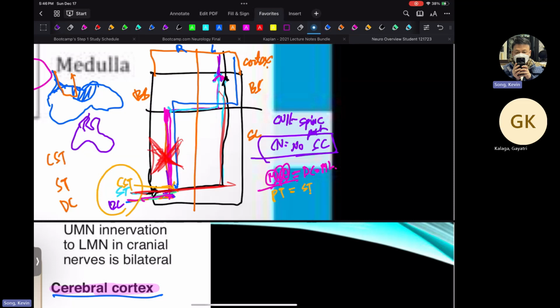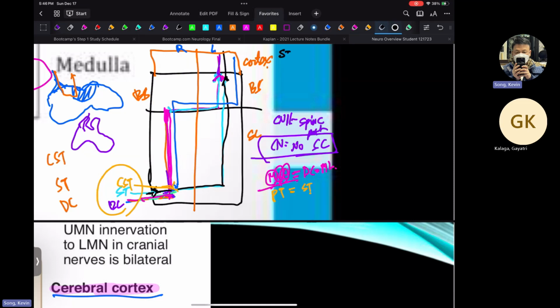So what if I have a lesion in the right side of the brainstem, does it affect it? No. Good. How about in the cortex? No. Same thing, right? So let me write it down here.